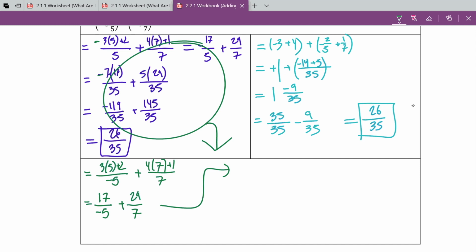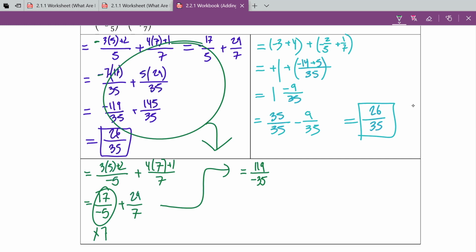Instead of +35, we need a common denominator between -5 and 7, and we're going to make that common denominator -35. And so to get a -35 out of a -5, we've got to multiply top and bottom, of course, by 7 still. So we're going to get 119 over -35. Okay. We just multiplied this by 7.